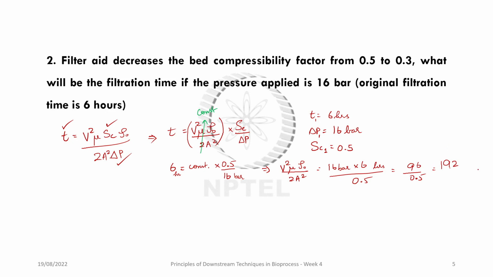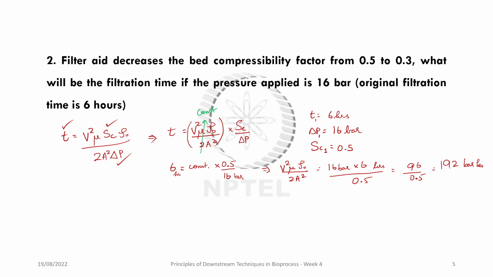Is that right? Bar hours. The units don't matter here because I'm going to use the same equation to substitute the same things, but you can carry it forward. Now going to the second part, what are they asking?